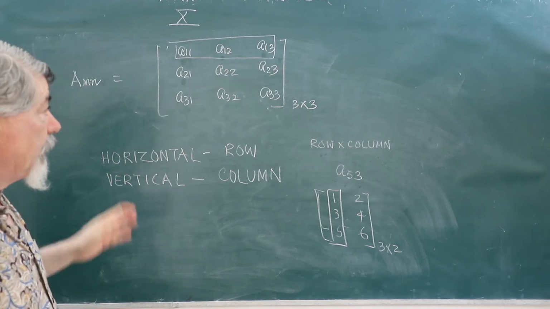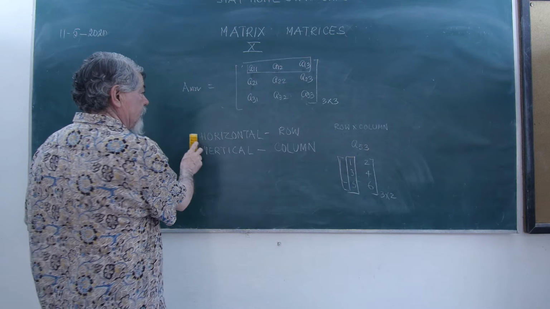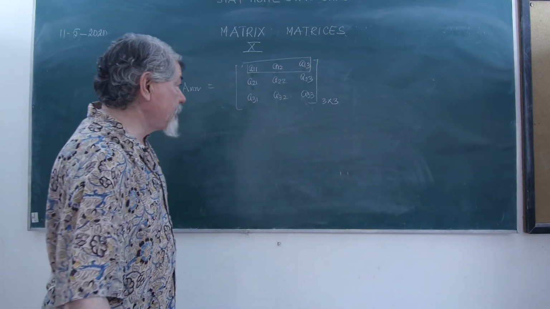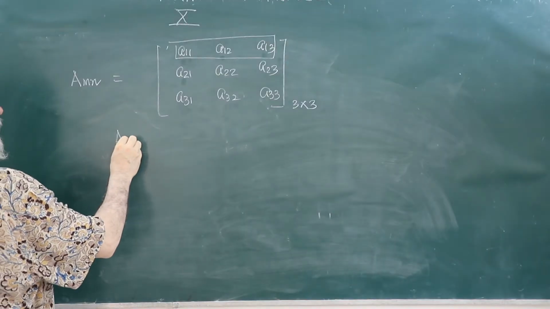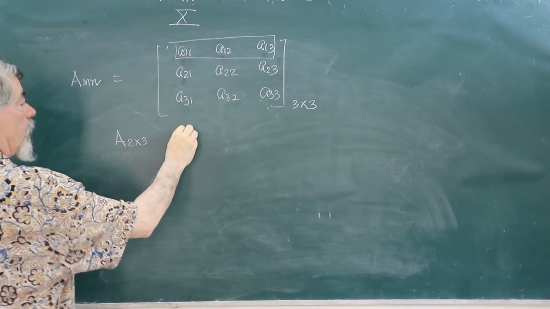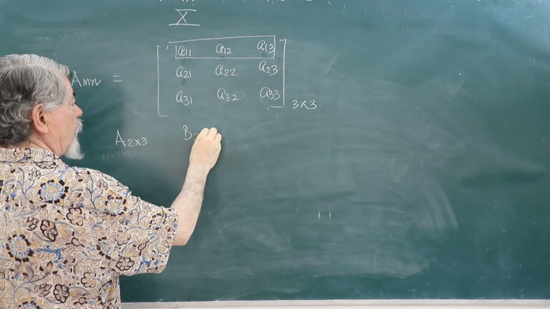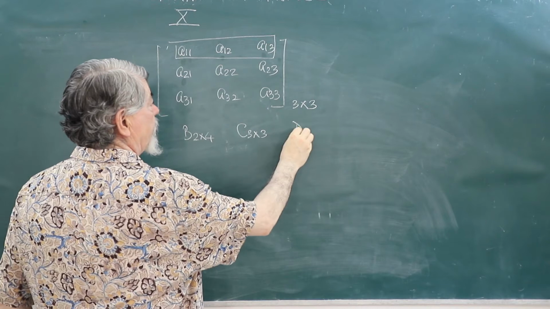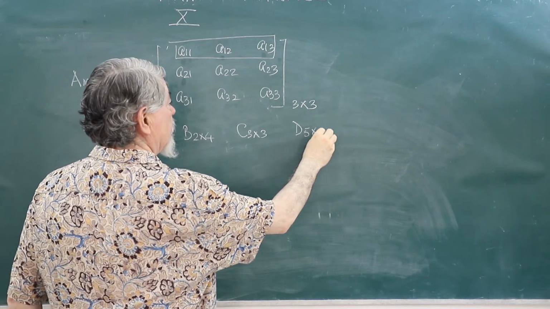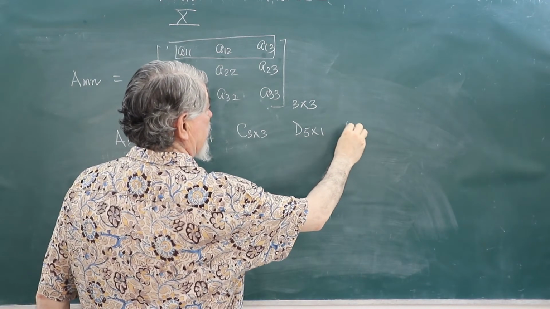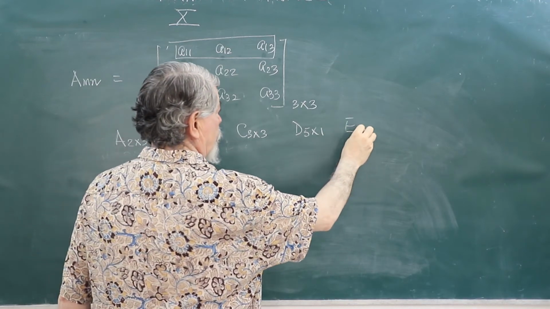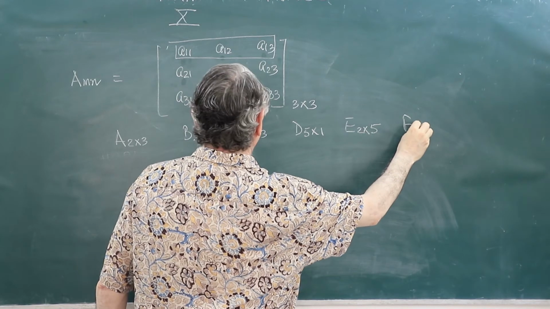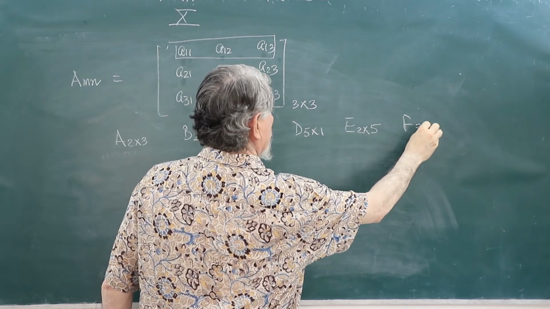I have also told you how we can calculate the number of elements. For example, if I have a matrix A of 2 into 3, or B of 2 into 4, or C of 3 into 3, or D of 5 into 1, or E of 2 into 5, and F of 3 into 4.